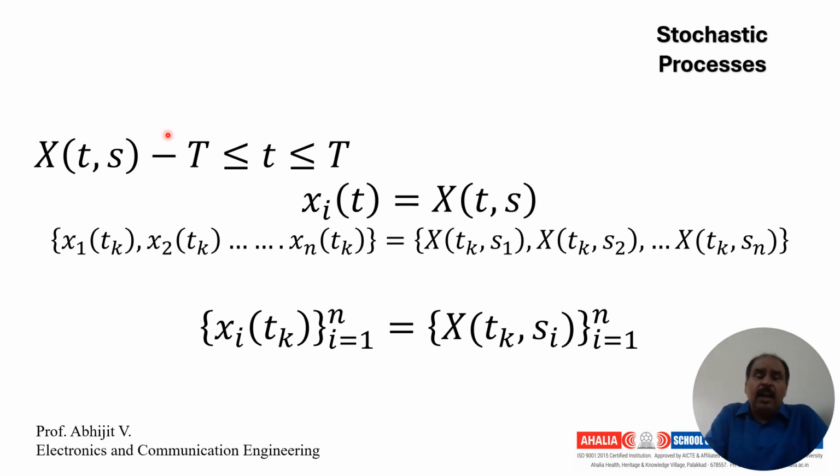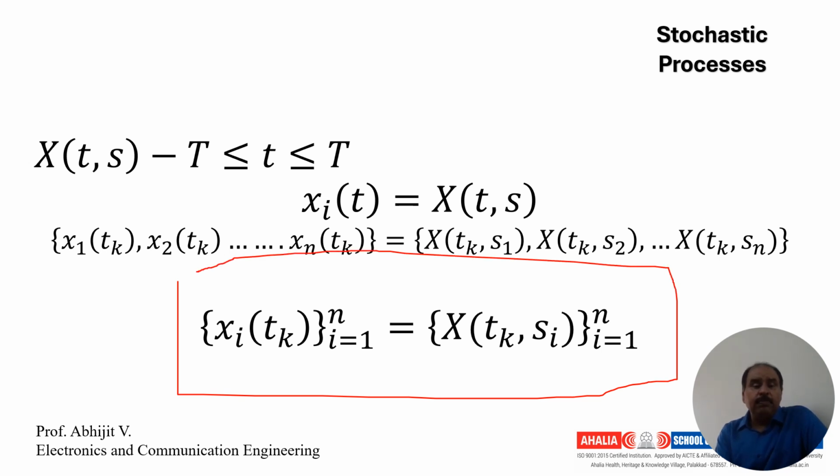In that case, X(t), which is a random variable of X with time and signal, will be X(t_i, s_i), where i is equal to 1 to n. So we are considering this to be a periodic function with a time period T. This is a fundamental equation for a stochastic process.